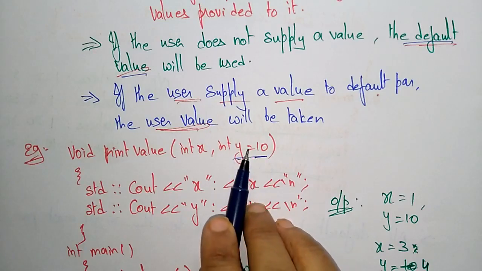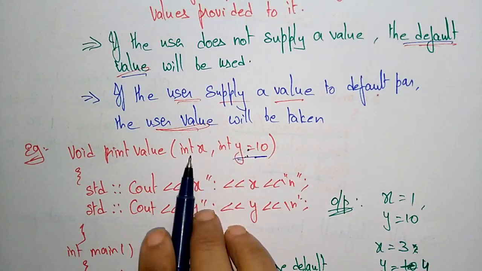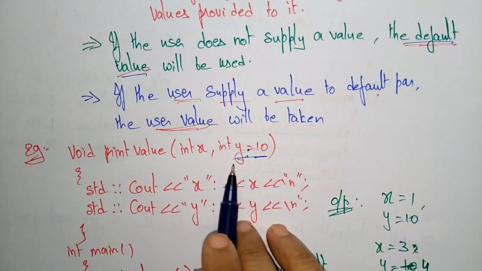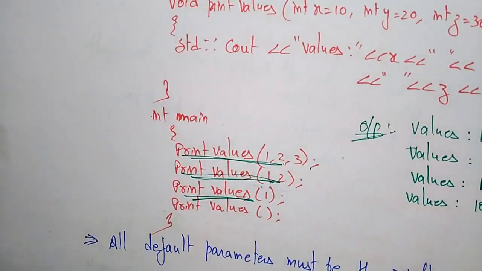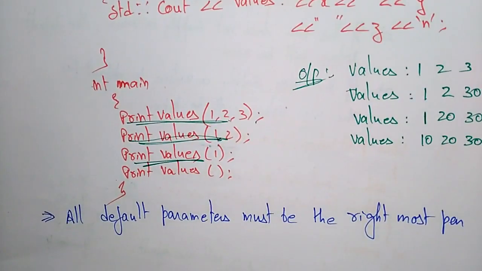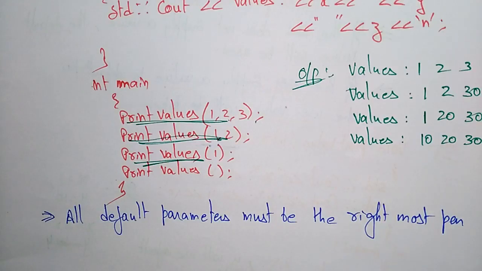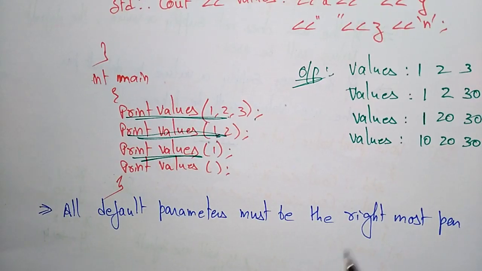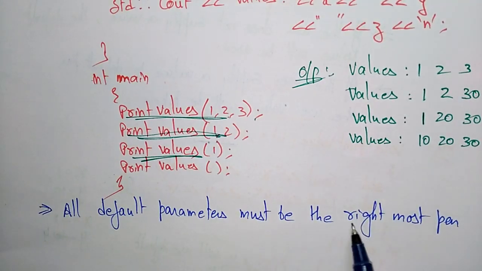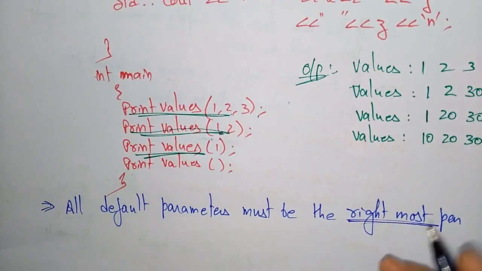You only have to give default values for the rightmost parameters. If you want, you can give default parameters to both values. If two variables are there, give values for both. Otherwise, if you want to give only one default parameter, remember that you have to give it to the rightmost parameter.